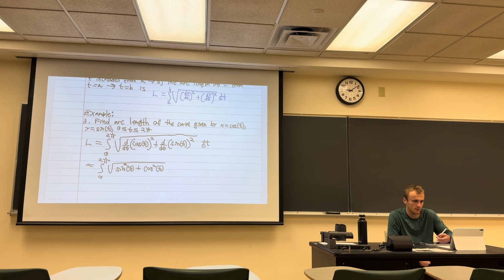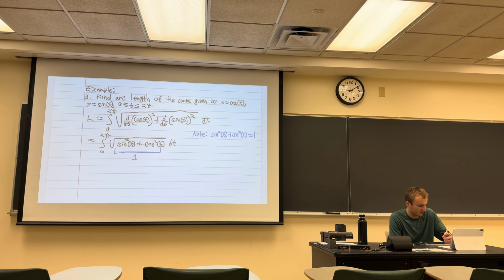And then that's all times dt. From here, we just need to note that sine squared of t plus cos squared of t equals 1. So we can evaluate this whole thing under that square root to be 1.